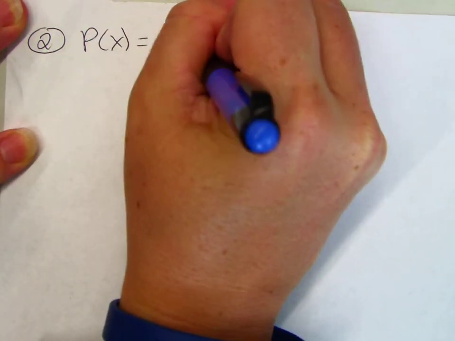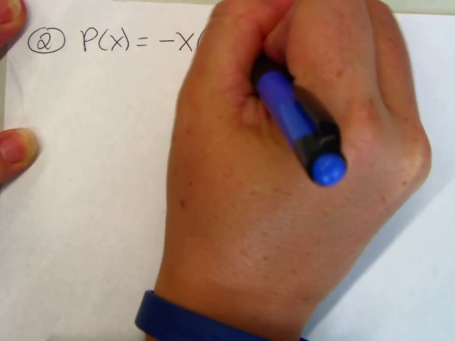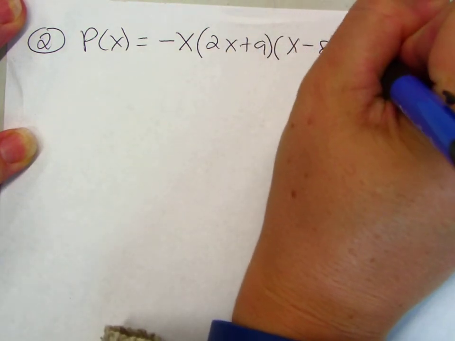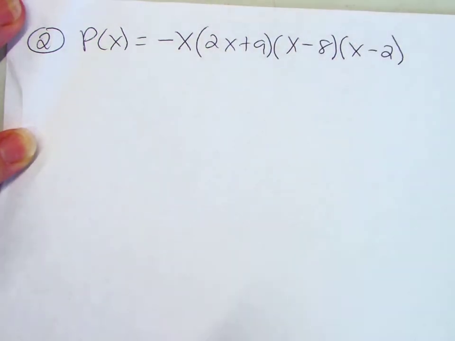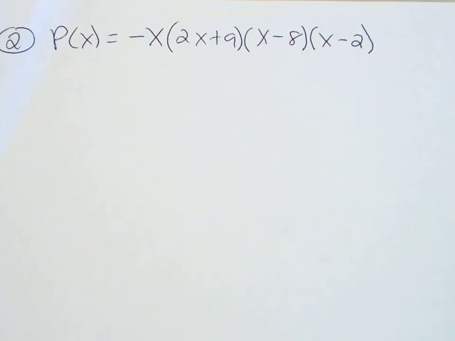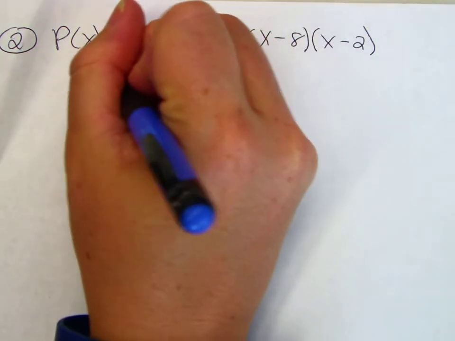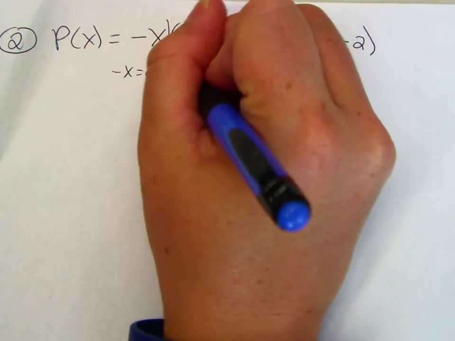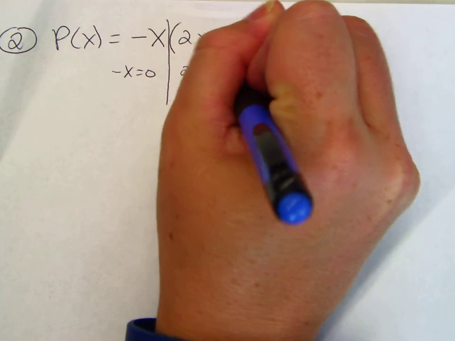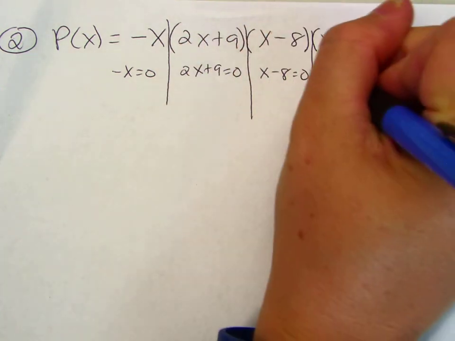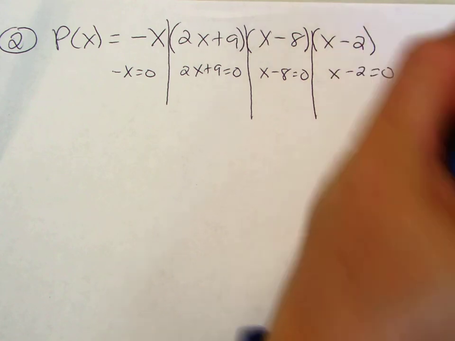P of x equals negative x times 2x plus 9 times x minus 8 times x minus 2. Okay, we start with our zeros. Where are the zeros here? Set each of these pieces equal to 0. So negative x equals 0, 2x plus 9 equals 0, x minus 8 equals 0, x minus 2 equals 0.